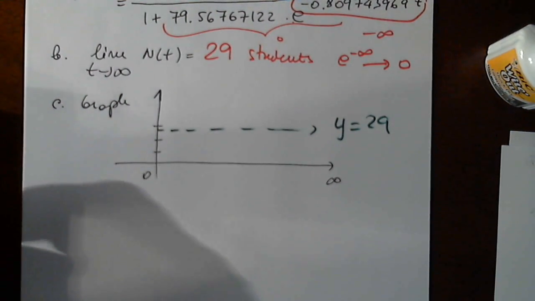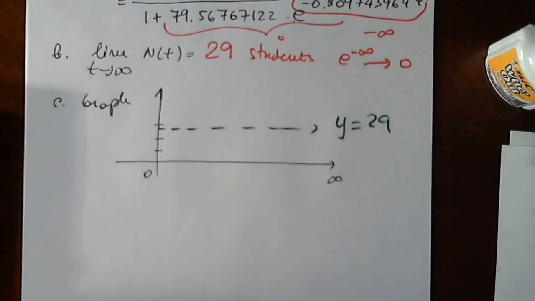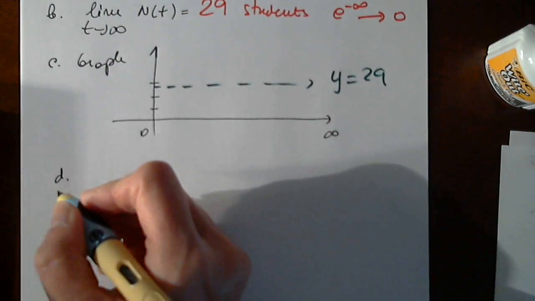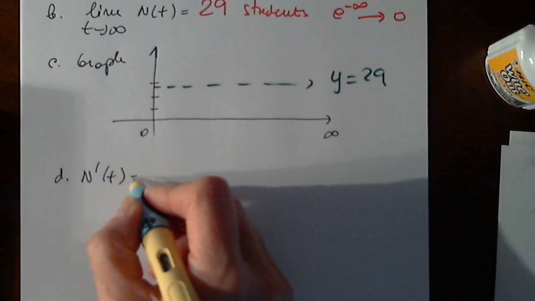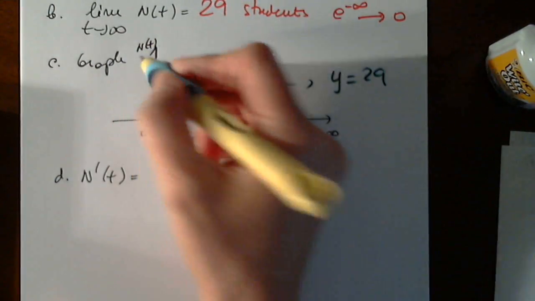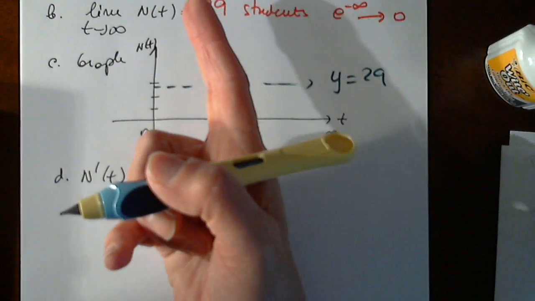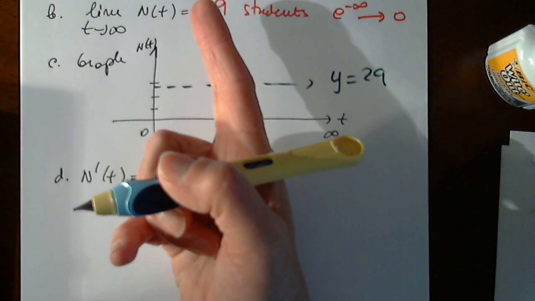And we'll graph it in a moment. In part D, find the rate of change n prime.